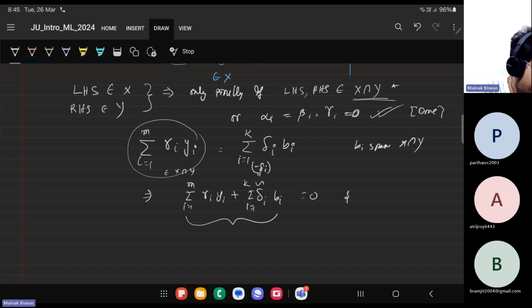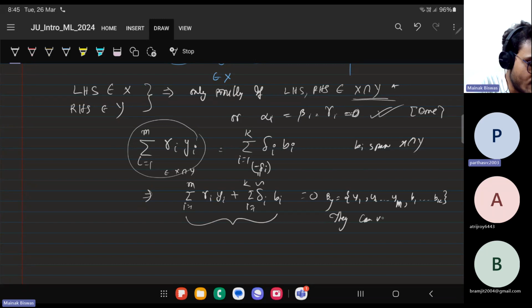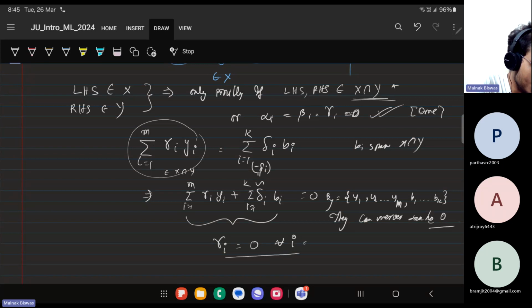So what is y1, y2, dot dot dot yk or ym, b1 dot dot dot bk? They can never sum to 0, because they are already a basis, so they are independent. So all gamma i must be equal to 0 for all i. Similarly, all alpha i, beta i are equal to 0.